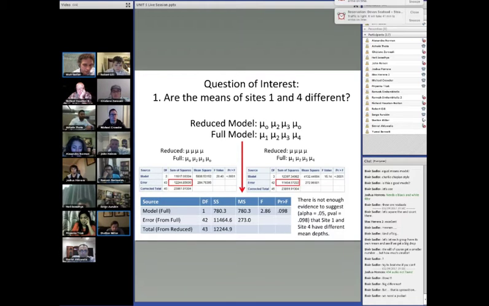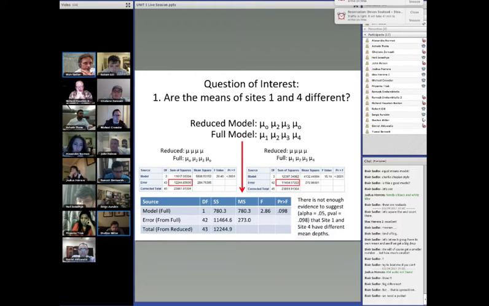So that one goes in here with its degrees of freedom right there. Same game. Subtract. It looks like the full model, by letting mu1 and mu4 be different, only explains 780 sum of squared residuals, which wasn't very much. It's not the big amount that we saw earlier, especially compared to what's left in here.